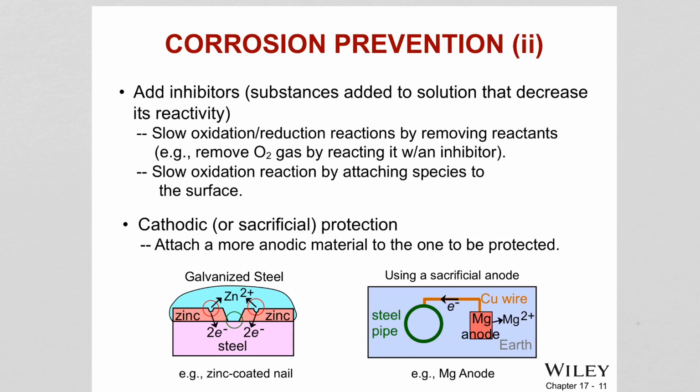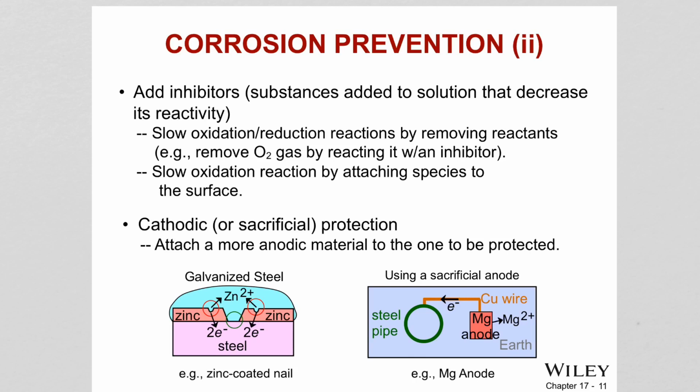There is also cathodic or sacrificial protection, the most commonly used technique here. In galvanized steel, the steel is coated with zinc. When there is damage to the zinc protective layer, instead of the steel corroding, the zinc will preferentially corrode.